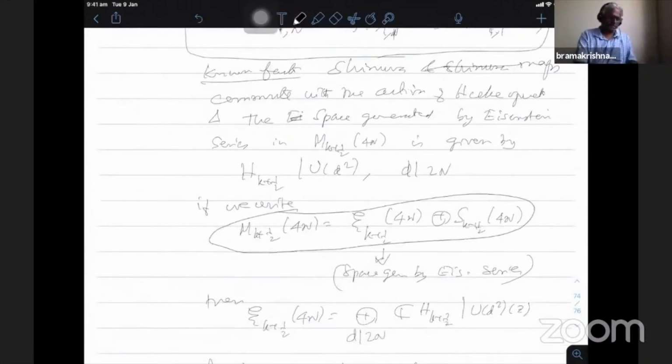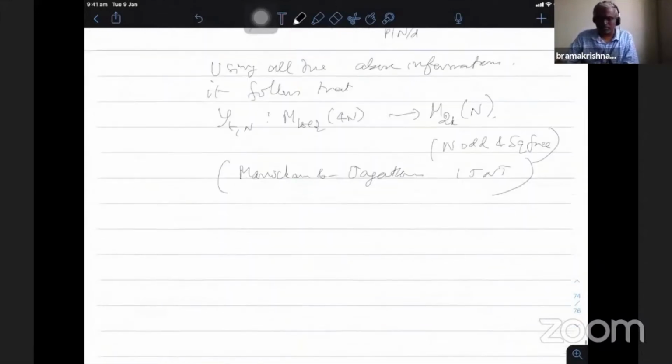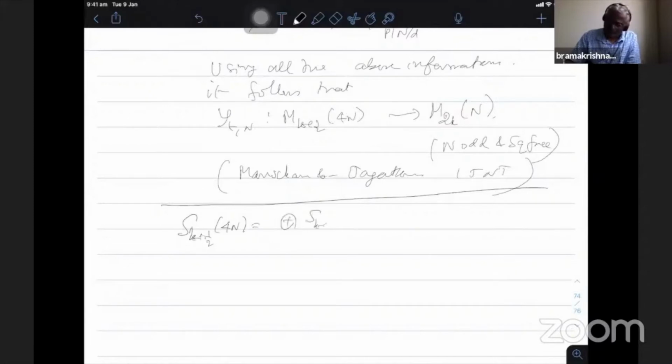Okay. So therefore we have this in terms of the Eisenstein series and cusp forms, and cusp forms is further decomposed into new classes outside the plus space, and there are new classes inside the plus space and their duplications. That we'll write in one line. So S_{k+1/2}(4n) is, I take out the new classes outside the plus space, new(4d), and then its duplication, d dividing n.